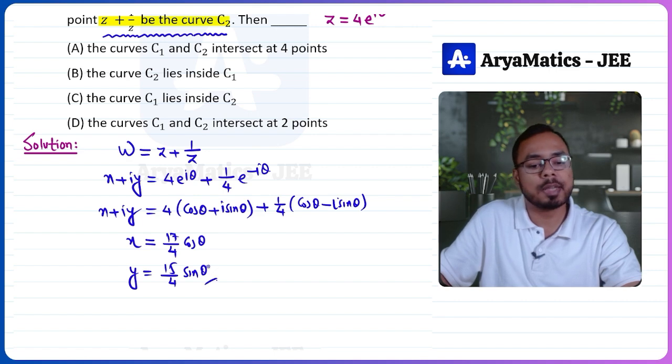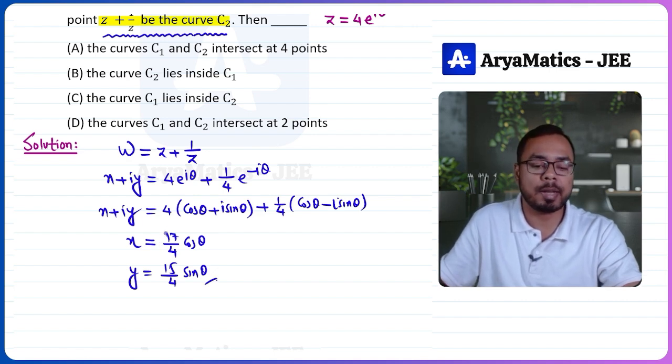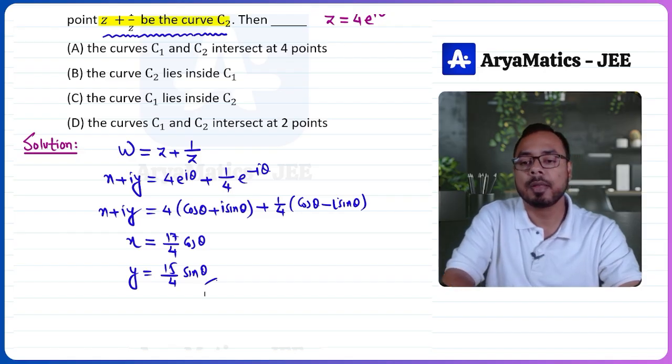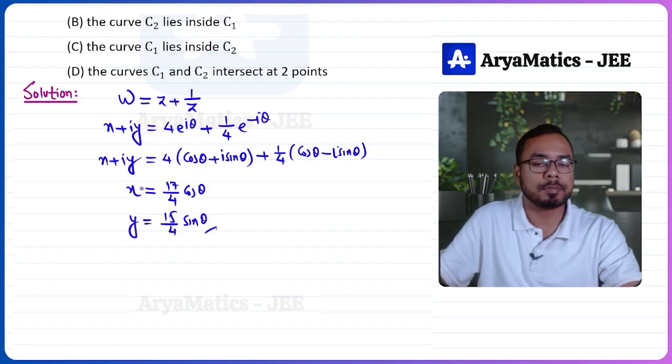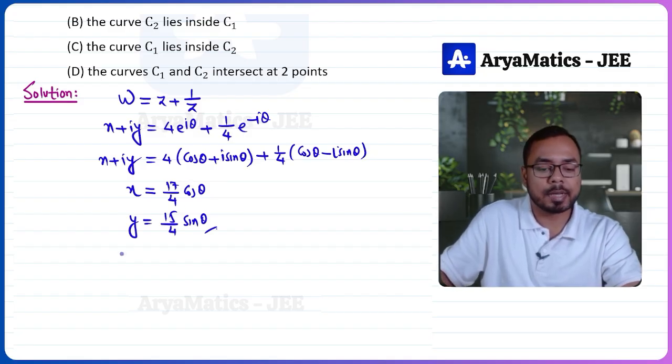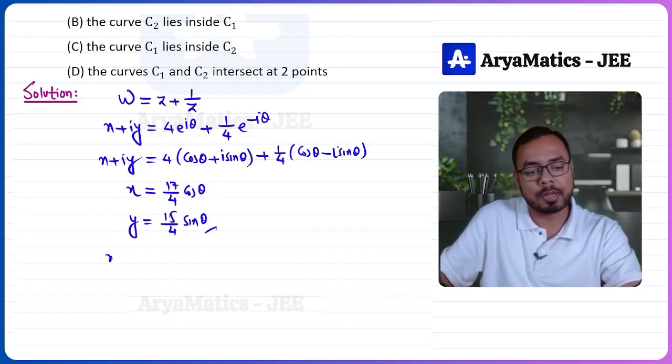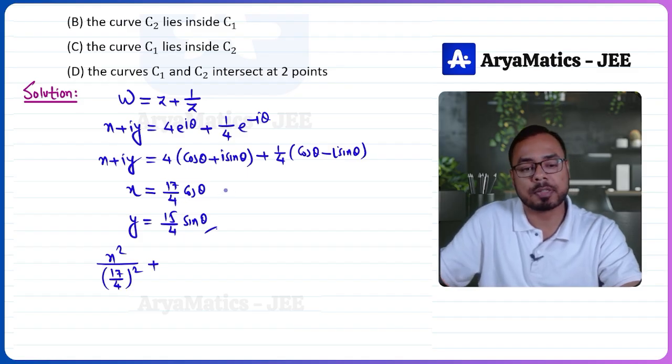Now clearly you can see that this is the parametric equation of an ellipse: x equals a cos theta and y equals b sine theta. And if I need the equation of this ellipse, then you can write cos and sine from here and then square and add. Let us call these equations 1 and 2.